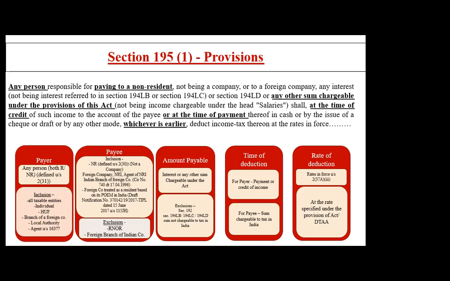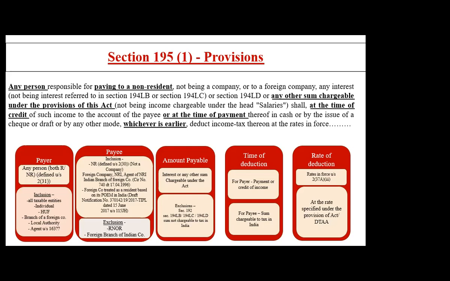Now coming to POEM, place of effective management, as we all know, is a main test. When we say foreign company, the foreign company is already defined under Sections 2(22A) and 2(23A) of the Act, so that is already covered. The foreign company becomes a resident by virtue of its place of effective management being in India.